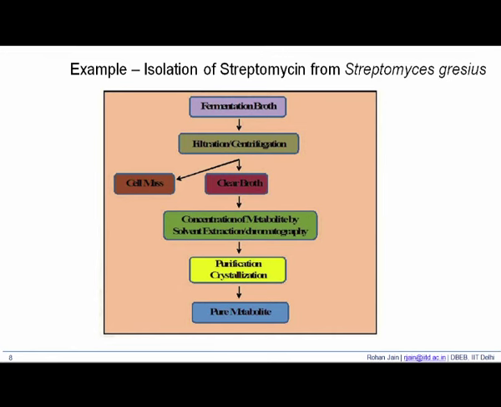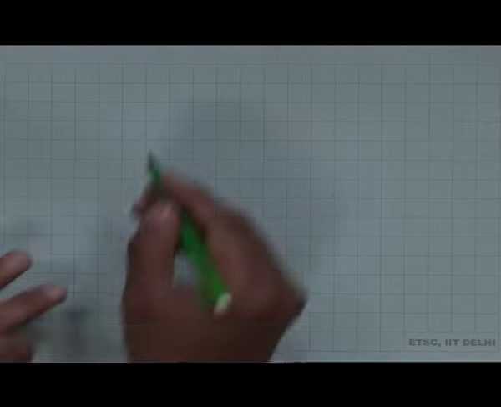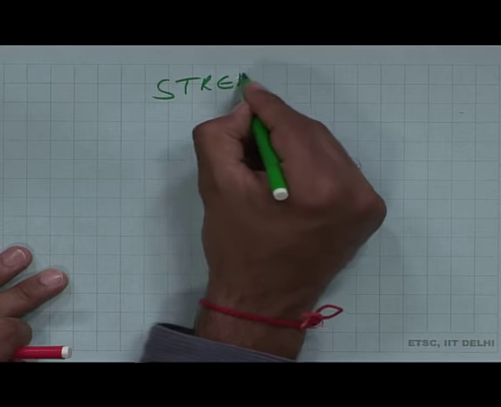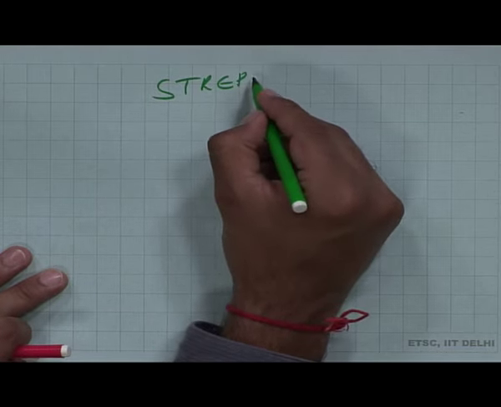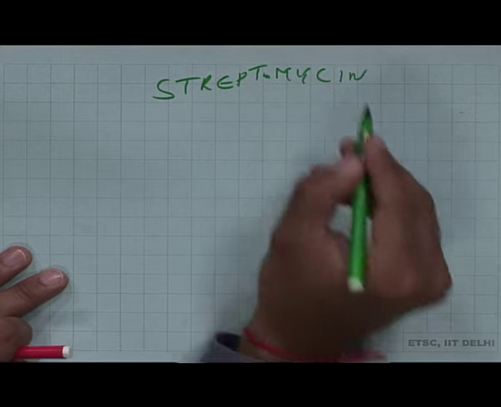One is the production of streptomycin from Streptomyces griseus. Streptomycin is an antibiotic.